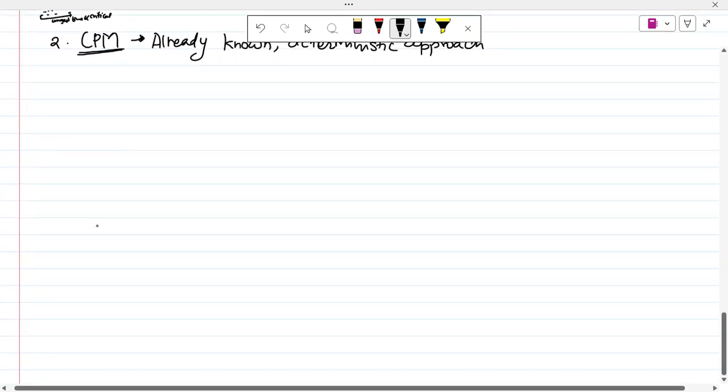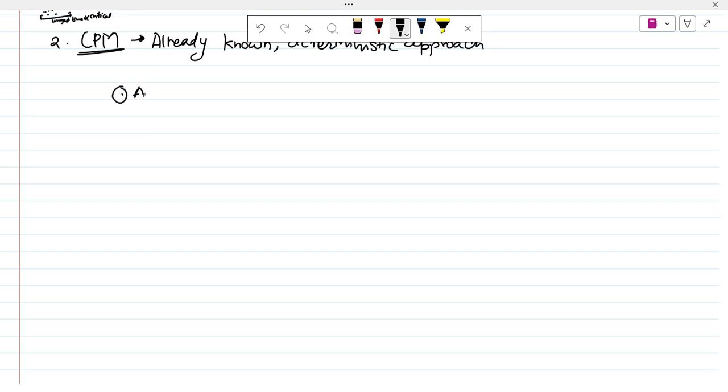For the critical path method, we first describe the generic terminologies. What is an activity? What is an event? An activity is a job that has a starting and an end point. Of course, an activity consumes resources, including time and labor.